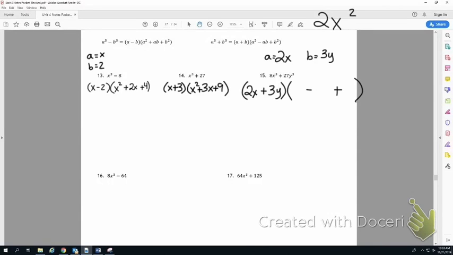It is not this, it's this. So what does that become? What is 2 squared? 4. So 4x squared. My middle term ends up being 6xy. You just list the variables. And so if this is 4x squared, what's this last term going to be? 9y squared.